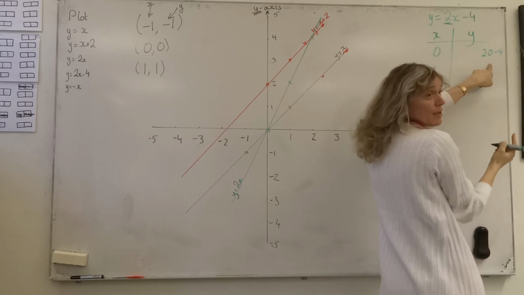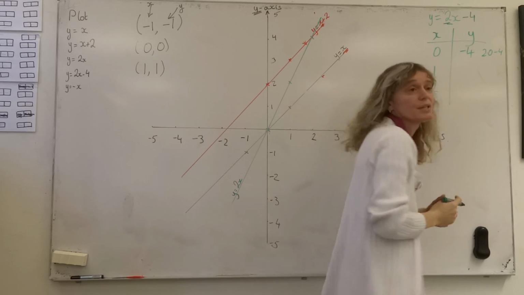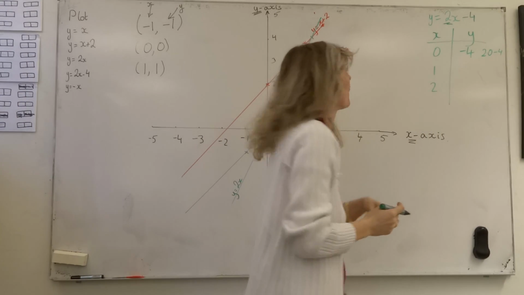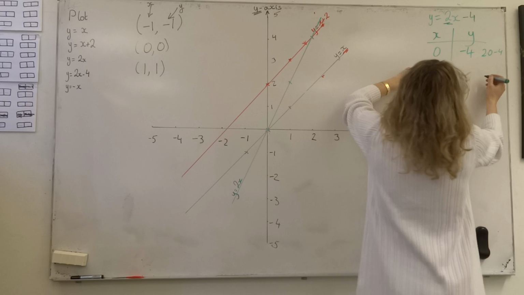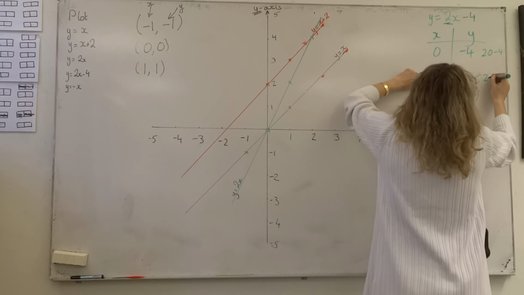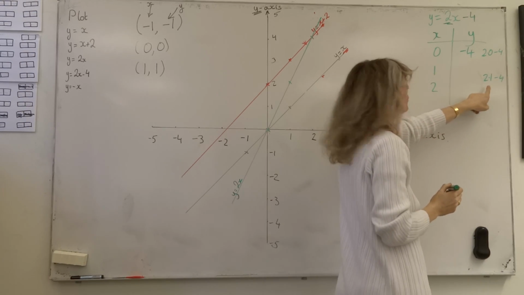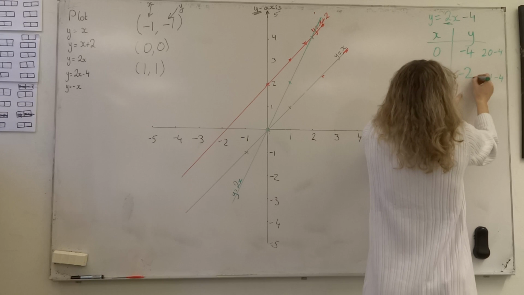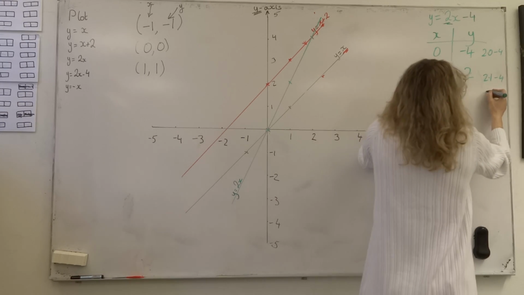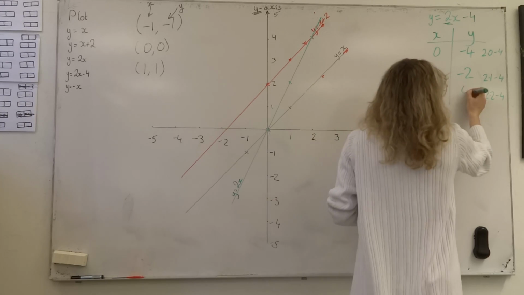Well, anything times 0 is 0, so we get 0 minus 4. y is going to equal minus 4 at this point. When x equals 1, 2 lots of 1 minus 4, 2 minus 4 is minus 2. When x is 2, 2 times 2 minus 4, 4 minus 4 is going to give us 0.